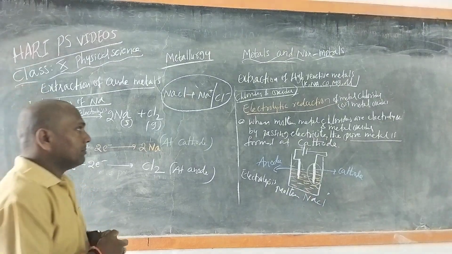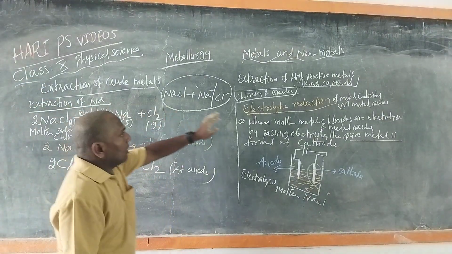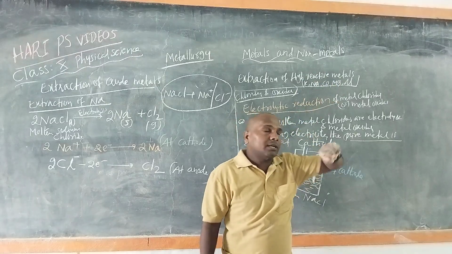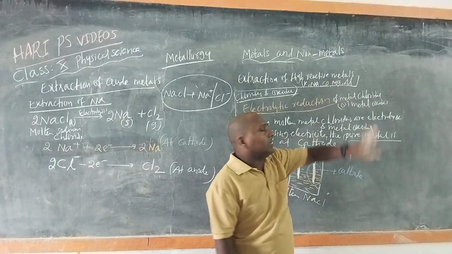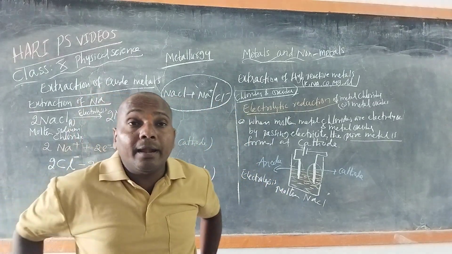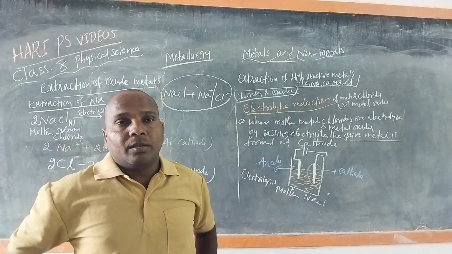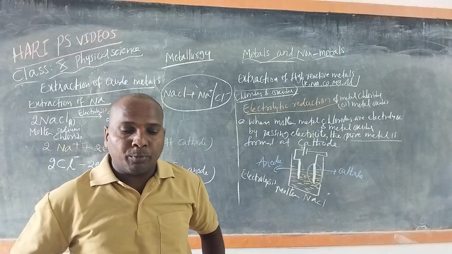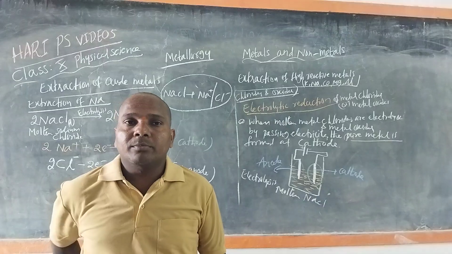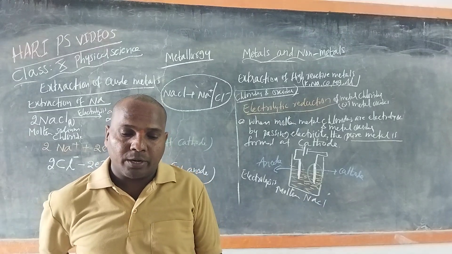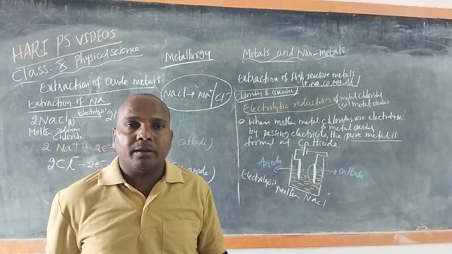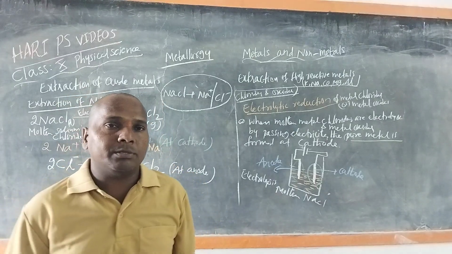As we already discussed, potassium, sodium, calcium and magnesium are obtained from their respective metal halides, the chlorides: sodium chloride, potassium chloride, magnesium chloride and calcium chloride. From potassium chloride, potassium is obtained. From magnesium chloride, magnesium is obtained. From calcium chloride, calcium is obtained.